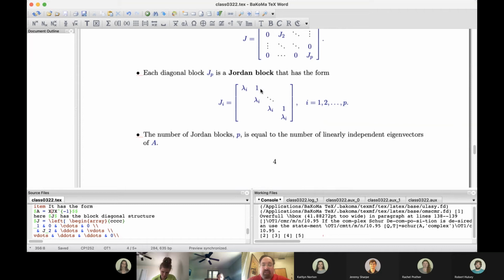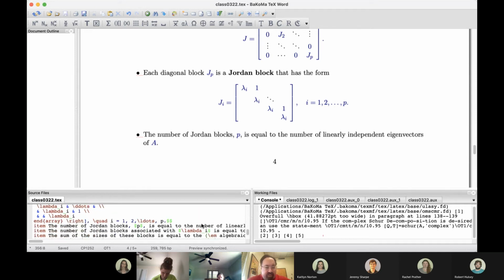All other columns of X, corresponding to the remaining columns of a Jordan block, are called generalized eigenvectors. What that means is AX is not lambda X, but (A minus lambda I) to a power times X is 0. That's what it means to be a generalized eigenvector.